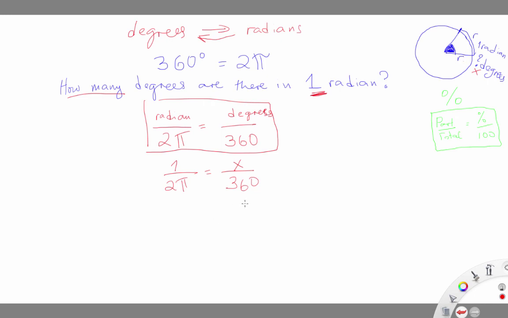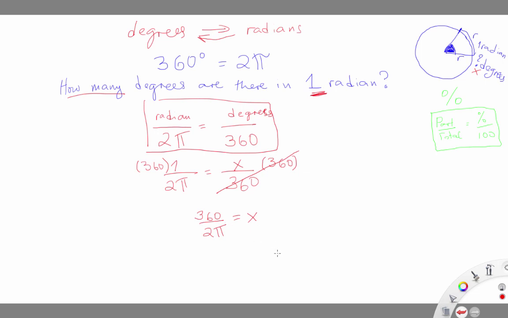How do I solve this equation? Well, I have to multiply both sides by 360 degrees. I cancel the 360 on the right, and I get 360 over 2 pi.